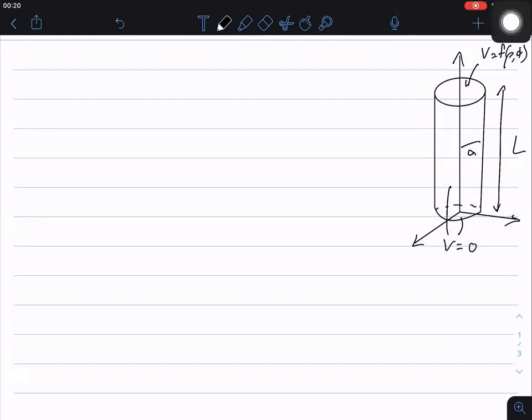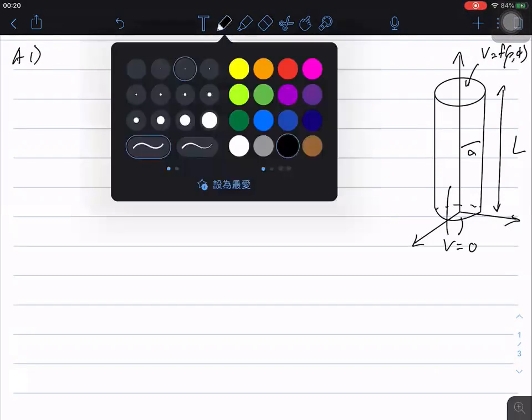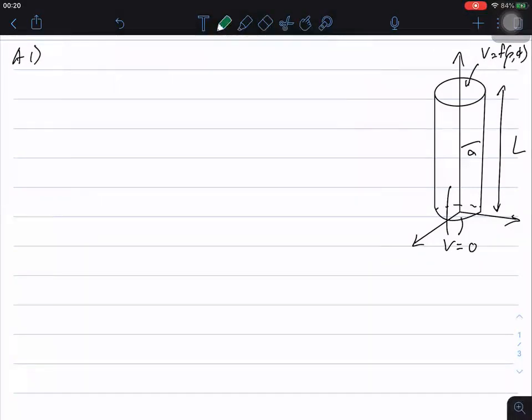Okay, so let's first of all recap a little bit what we have done in question 1 of problem set 6. So let's write down the Laplace equation in cylindrical coordinates.